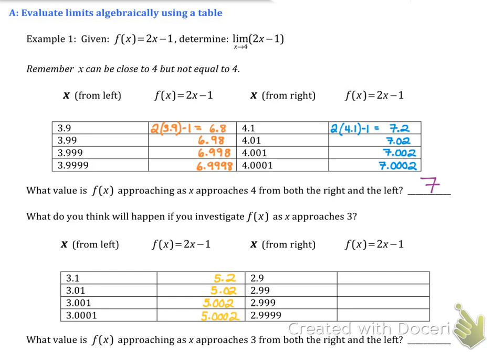Okay, so I caught my mistake. I'm sorry that I would love to fix it, but I already made copies for you guys, so I apologize for this. So the right side should have these values, and the left side should have these values. So my 5.2s that I just wrote down should be from the right side. So why don't you make it simple and change this to right and this to left?